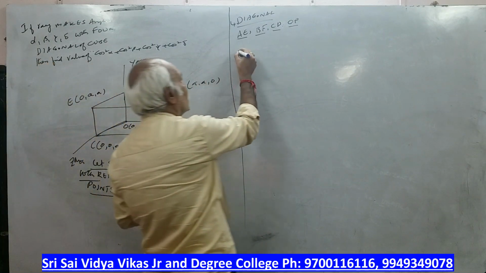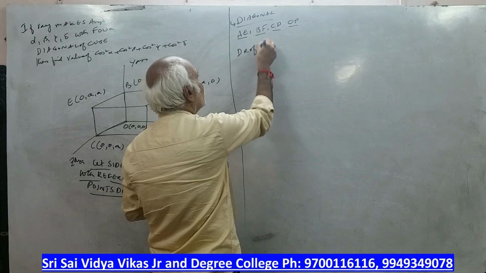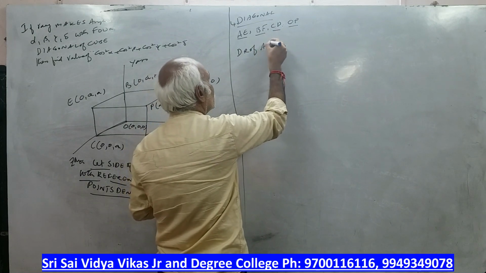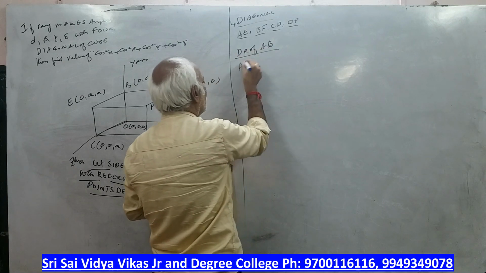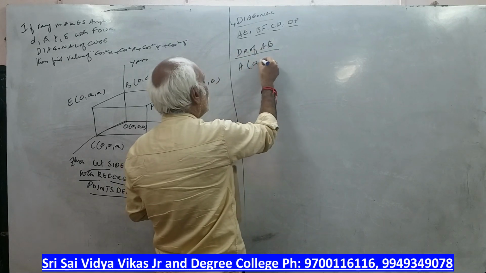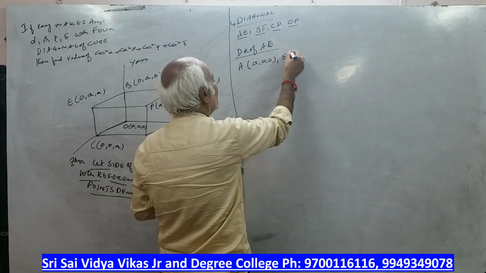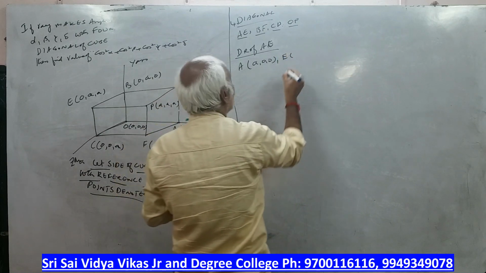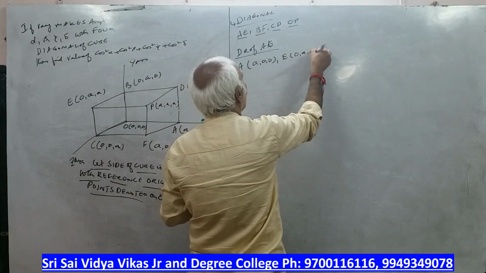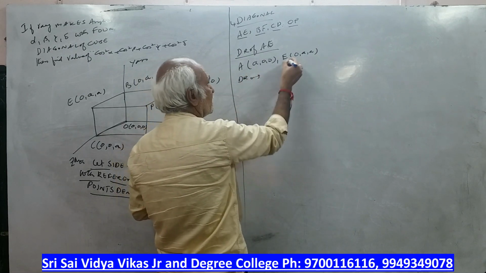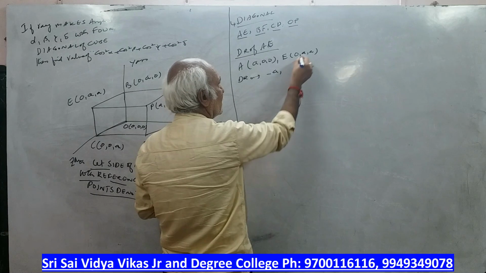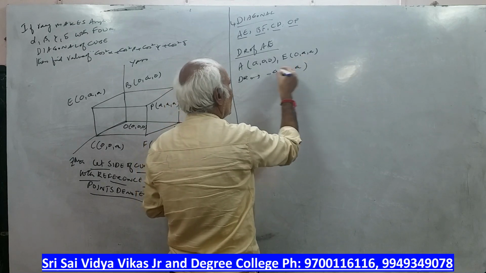Now first we will write DRs of AE. Observe here the method of doing this problem. DRs of AE. What is the A point? (A, 0, 0). What is the E point? (0, A, A). DRs are 0 minus A, A minus 0, A minus 0.